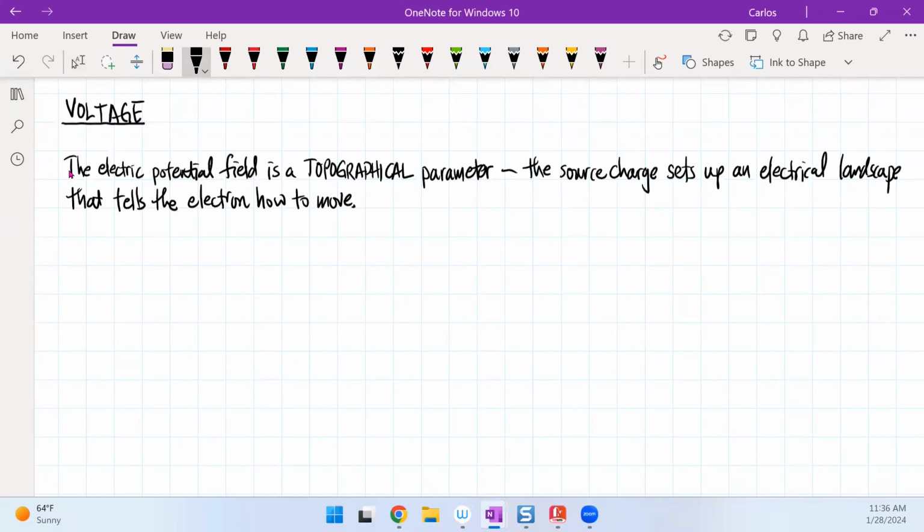Furthermore, using potential fields immediately connects one to energy interpretations, which are considerably easier than using electric and Newton's laws to interpret what is going on.